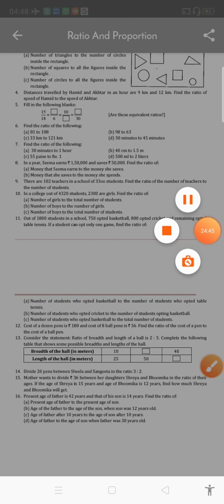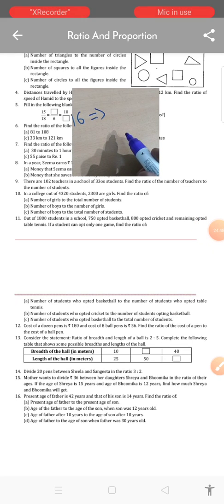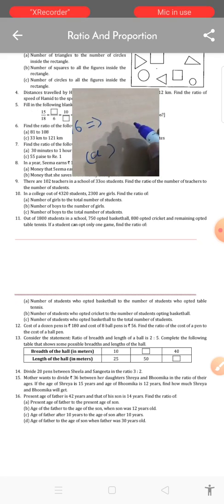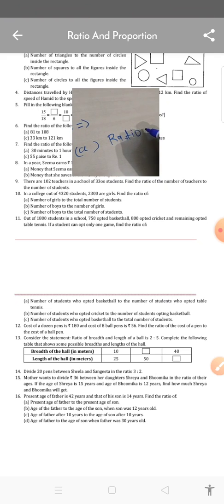Let's see how to find it. The A part: we find the ratio of the present age of father to the present age of son.